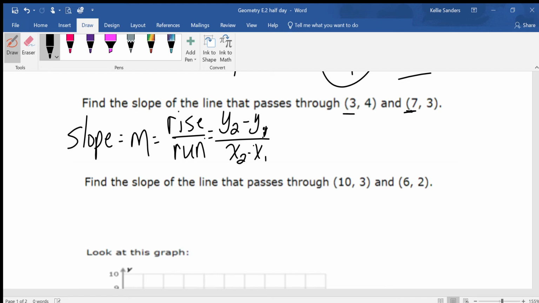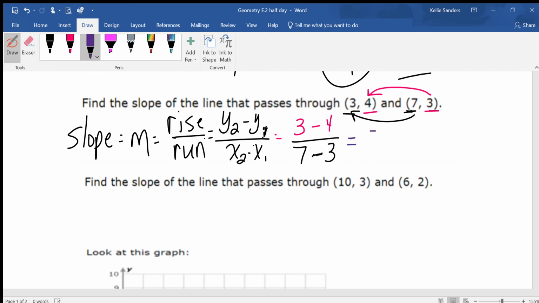X and x, y and y. Right? So y2 minus y1. 3 minus 4. Over x2 minus x1. 7 minus 3. What's 3 minus 4? Negative 1. What's 7 minus 3? 4. Since 1 over 4 is already reduced, and you only have one negative, negative 1 over 4 is your answer.